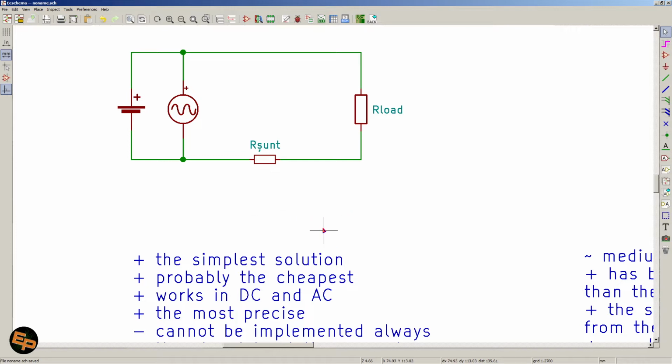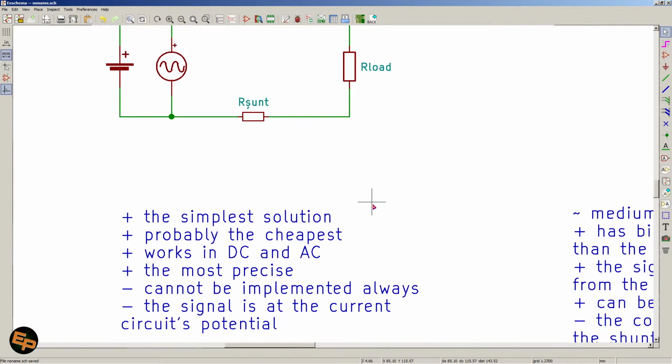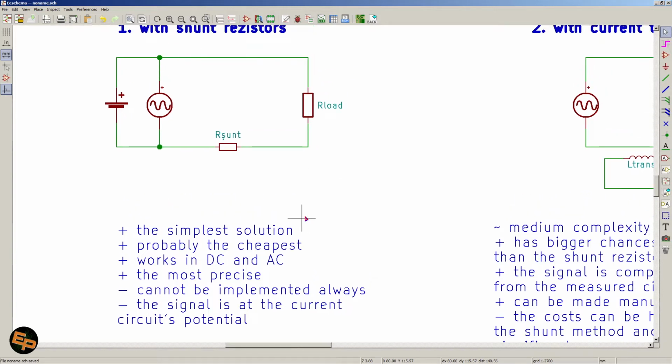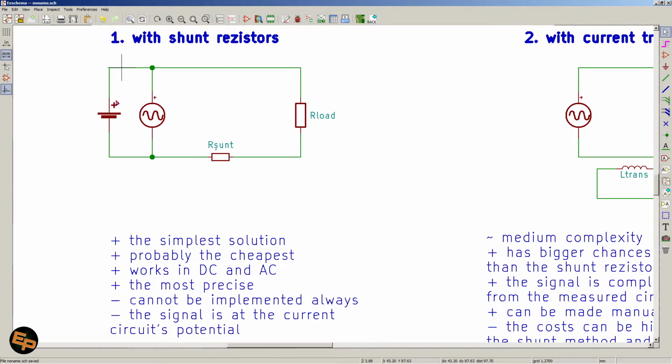It also could be a problem not necessarily for us humans operating the circuit, but for the actual measurement circuit that takes this voltage and tries to do something with it, because it might not like the voltages that it needs to withstand. So yeah, that could be a serious problem that basically disables us from using this kind of method.